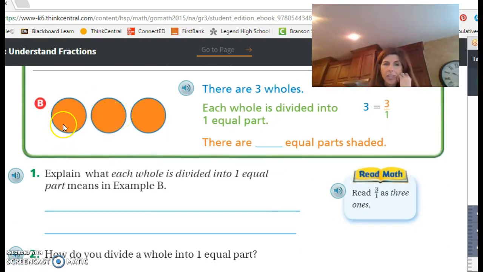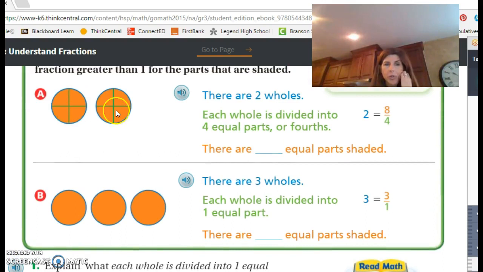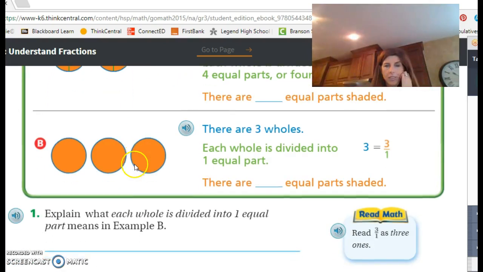So if there's 3 people, say these are 3 Skittles, each person is going to get 1 whole. If this were 2 Skittles, and there were 2 people, you would get 1 each, right? This goes to 1 and this goes to 1.